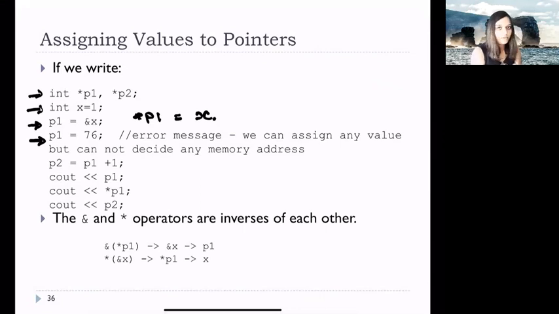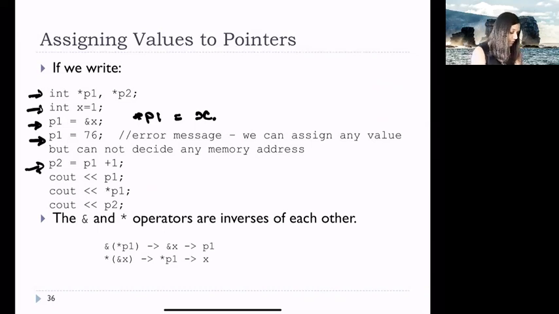So p1 is equal to 79 is enforcing that the address of whatever you want to store be 79 or 76, and that's not possible. So you would get an error message. But you can do operations like p2 is equal to p1 plus 1. That will increment your memory location from whatever p1 is pointing to by plus 1 address memory location.